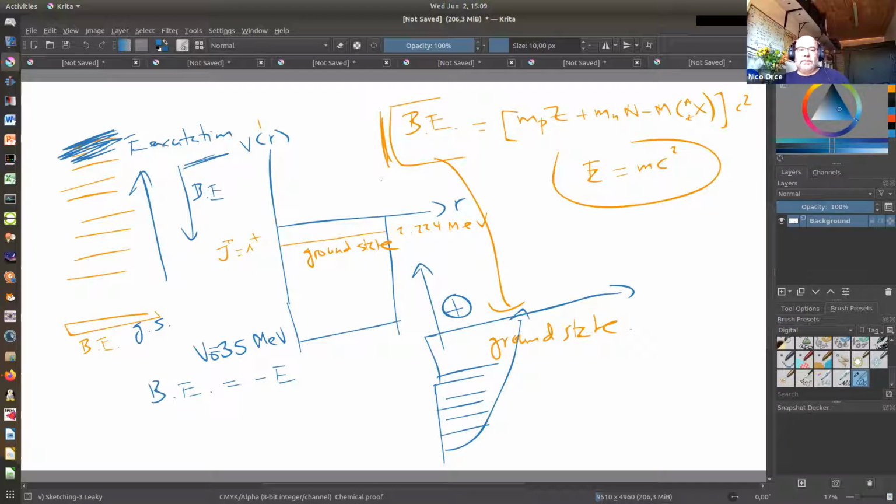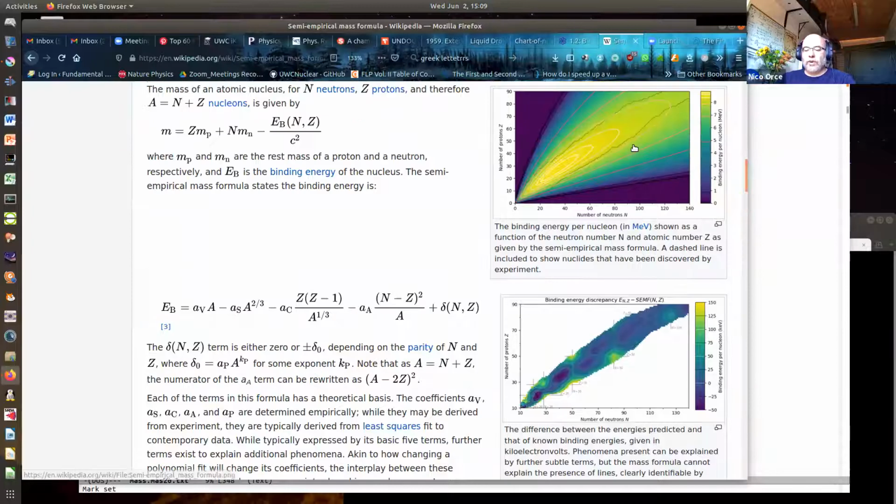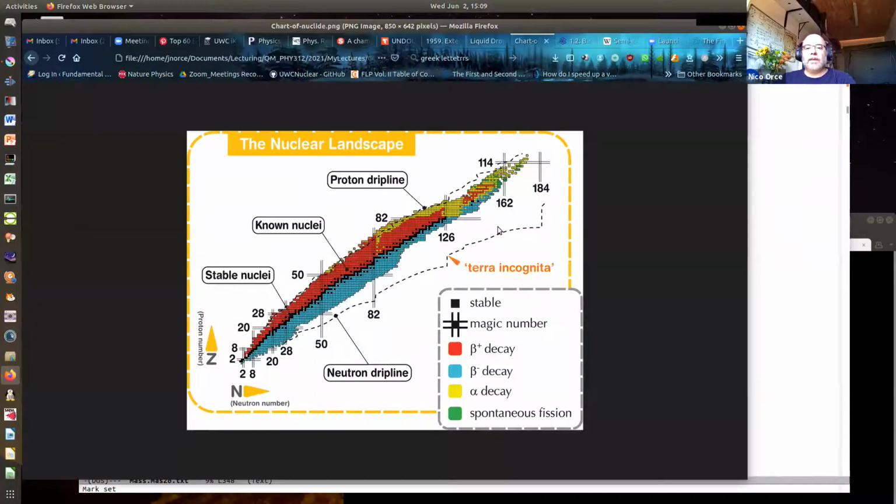And in addition, these elements that we are creating have a very large (N minus Z) squared, because these are produced in this chart of nuclides here, this terra incognita, where all the elements above iron are produced.